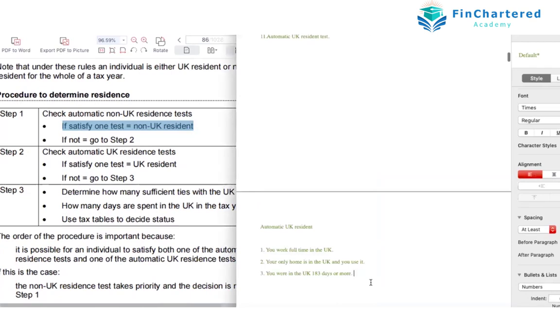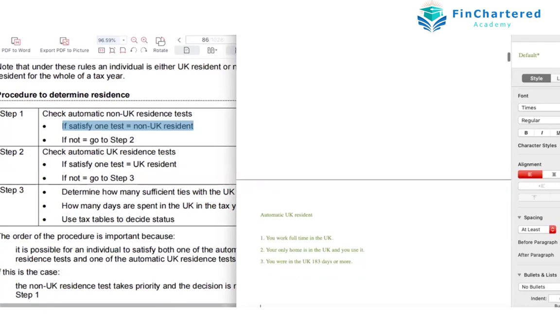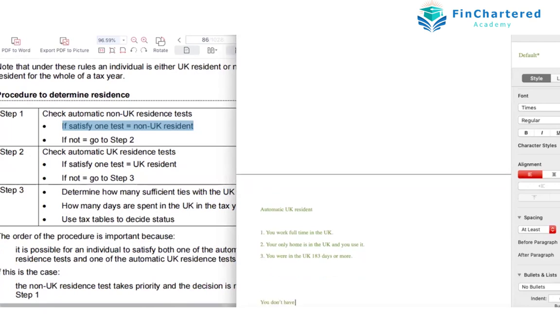This can happen. You're somebody who doesn't have employment anywhere. You don't have employment in the UK. You don't have employment elsewhere.